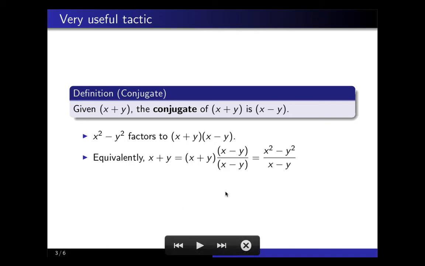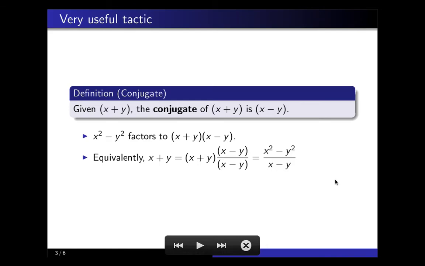And what we'll do a lot when we're working with limits is we'll multiply by 1. And what I mean by that is if I have x plus y, I can rewrite x plus y as x plus y times x minus y divided by x minus y, because x minus y divided by x minus y is just 1, written cleverly.